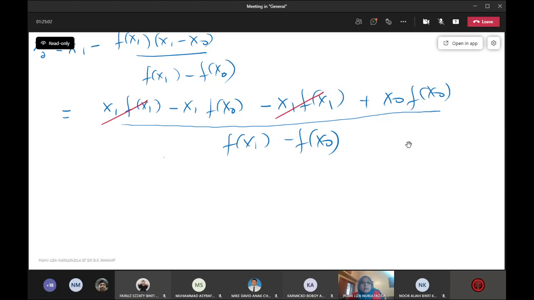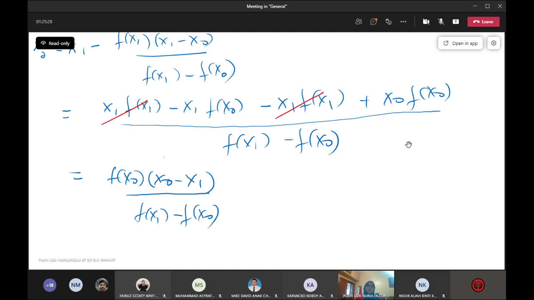So if we simplify this, you get x0 f(x1) minus x1 f(x0) over f(x1) minus f(x0).